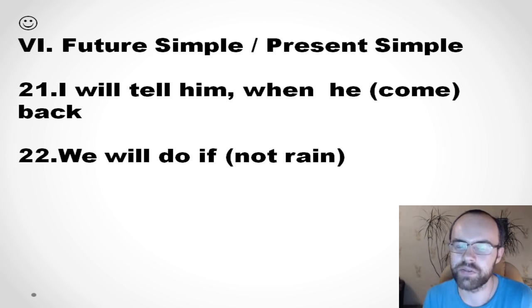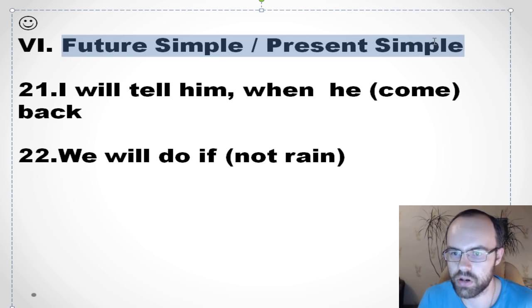Really. If you say it correctly. So the problem is, the students often think, oh, it's easy, I know, but in fact, when it comes to practice, they make mistakes, and students don't realize that they have these mistakes. Okay, please, future simple or present simple.